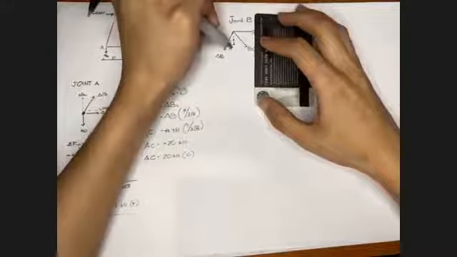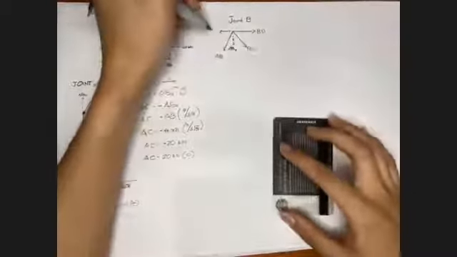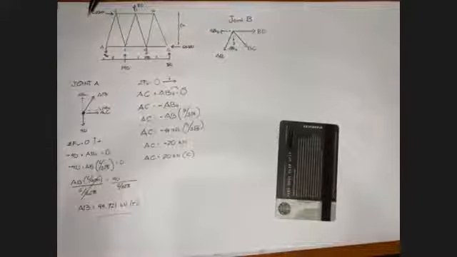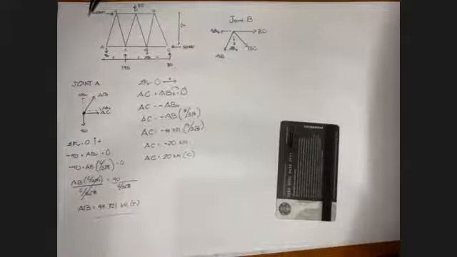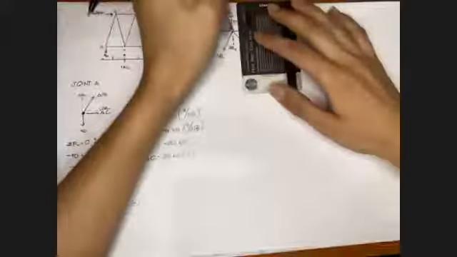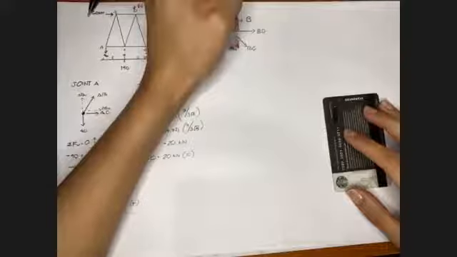So let's call that ABV. And AB horizontal, let's call that ABH. Tapos, meron pa tayong isa. We have BC dahil nakadiagonal siya, mag-form din tayo ng downwards na BCV and horizontal na BCH.